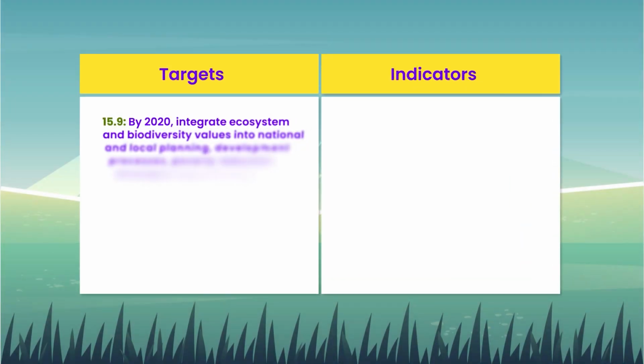Okay. So, target number 9 has to look into integrating ecosystem and biodiversity values into national and local planning, development processes, poverty reduction strategies and accounts.